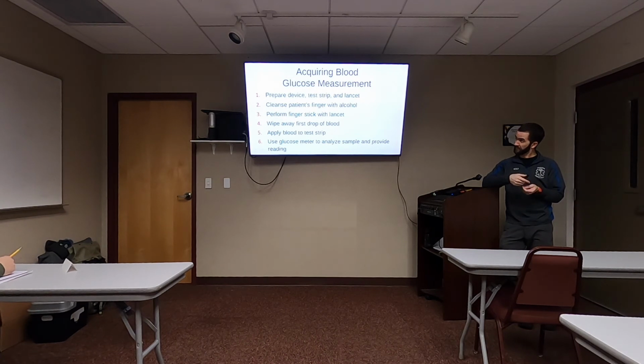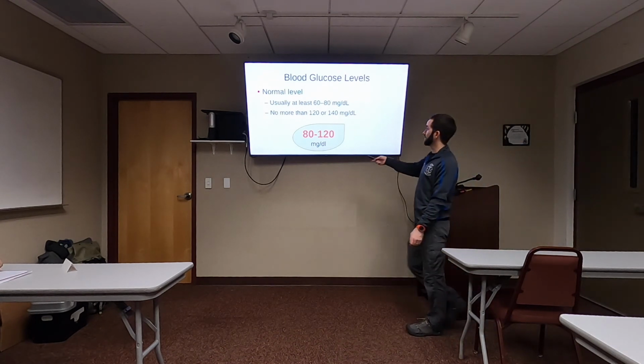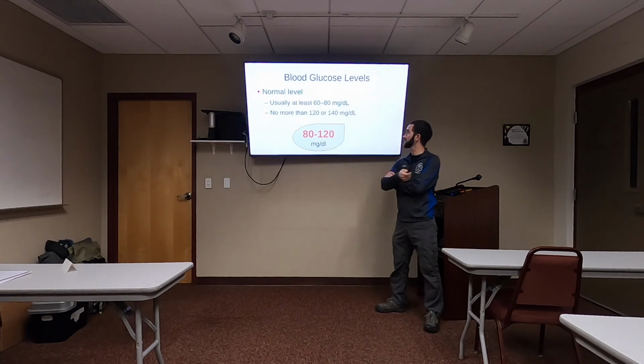So you wipe the little finger off with alcohol prep, poke it, get a little bit of blood. Get your reading. 80 to 120 is what we're looking for as a normal sugar.